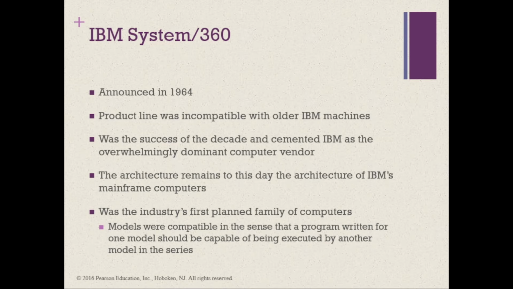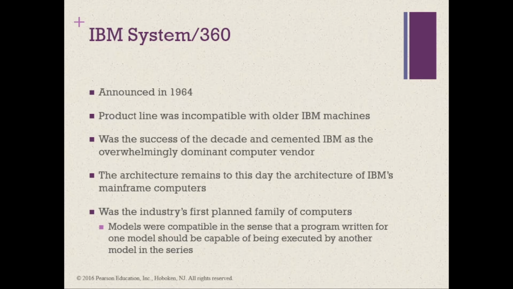Although the announcement itself was no surprise, it contained some unpleasant news for current IBM customers. The 360 product line was incompatible with older IBM machines, so it is backwards incompatible. Thus, the transition to the 360 would be difficult for the current customer base, specifically if they owned the older versions of IBM computers.